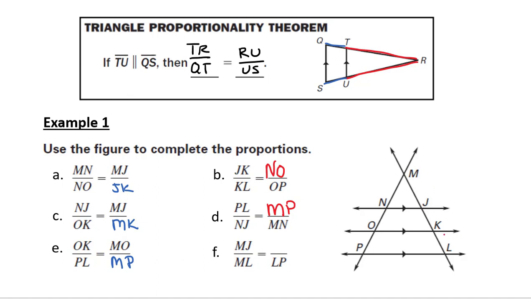And lastly, we have MJ is to ML as something is to LP. Well, look at triangle MLP. I have the long side, and then when I'm looking at triangle MJN, I have these short sides, so this should be NJ. So it's looking at the corresponding pieces and how I can fill in my proportion with the similar sides.